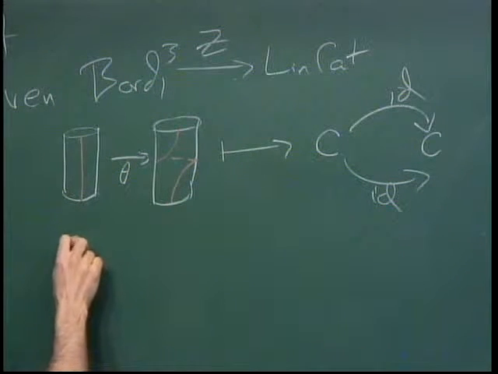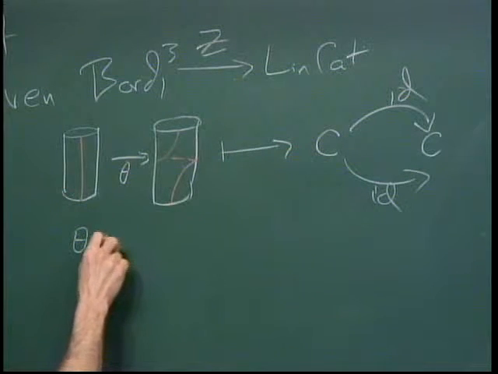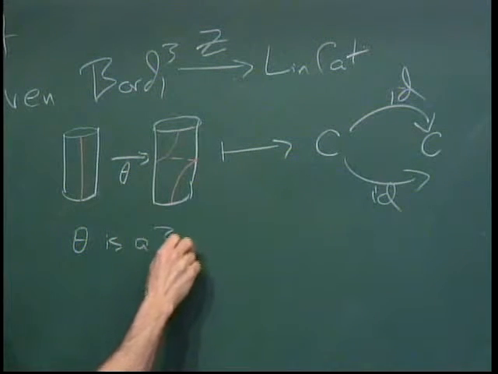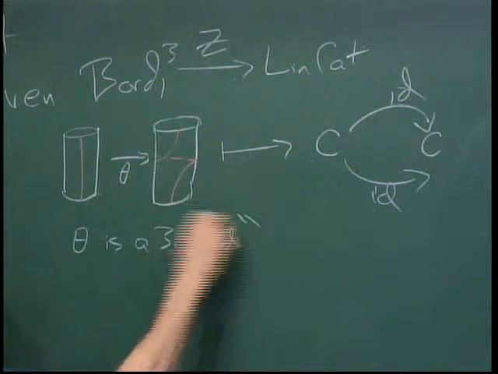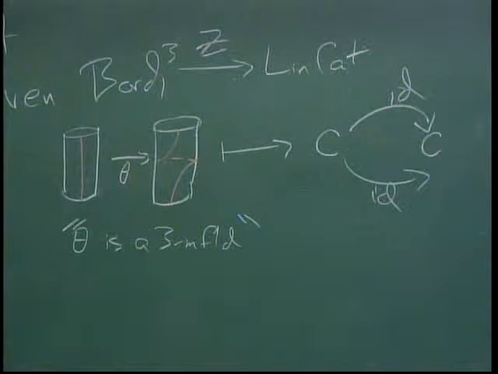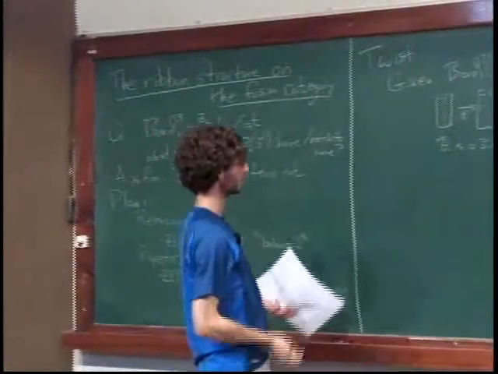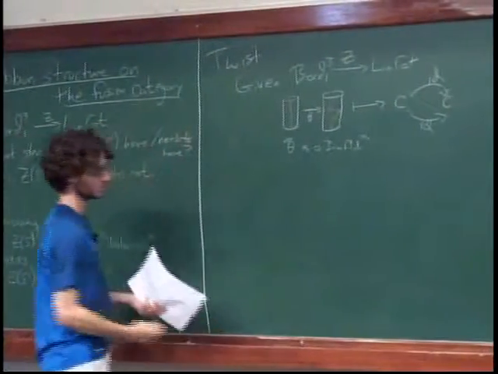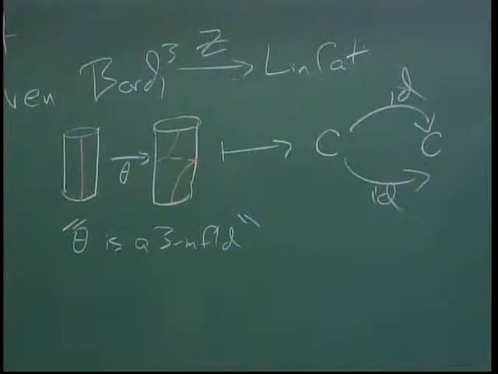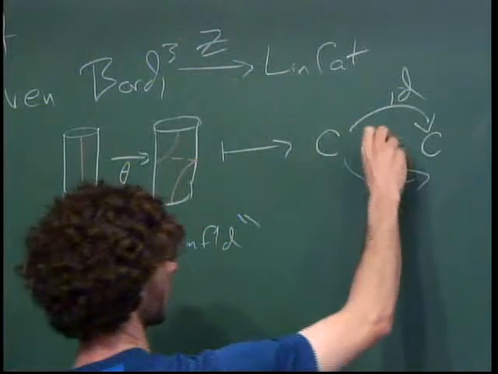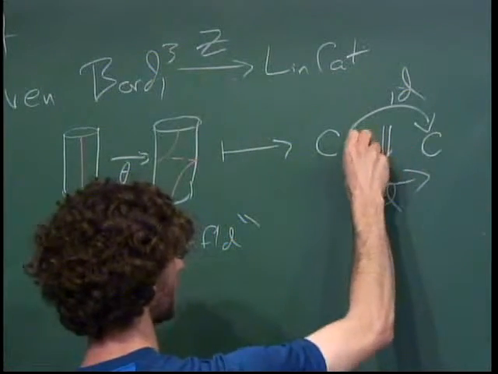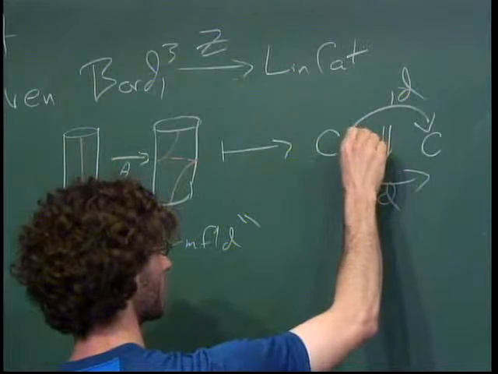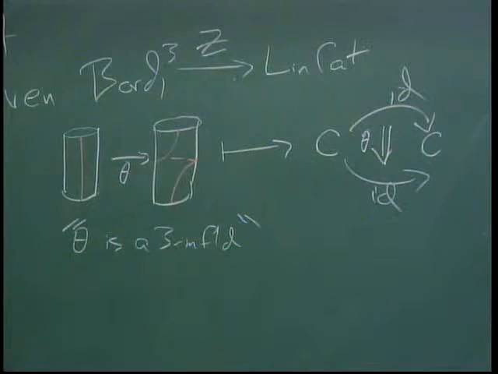Recall that theta is really a three-manifold, the way I'm thinking about it, because I'm really always thinking about the mapping cylinder of this diffeomorphism. So diffeomorphisms of surfaces you should think of as three-manifolds. They're giving two morphisms in the target category. So this is giving some map, which I'll also call theta, which is a natural transformation of the identity functor of C.